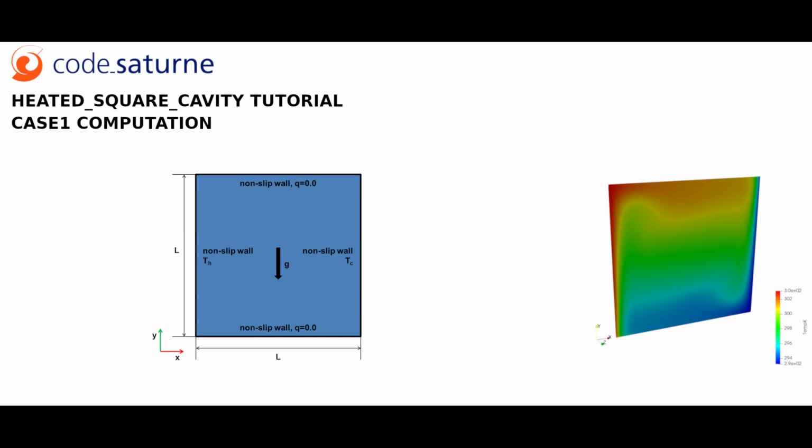The left vertical wall is a hot wall, while the right vertical wall is a cold wall. The acceleration of gravity points downward in the vertical y-axis direction, and we expect to find natural convection results. Let's now set the case.